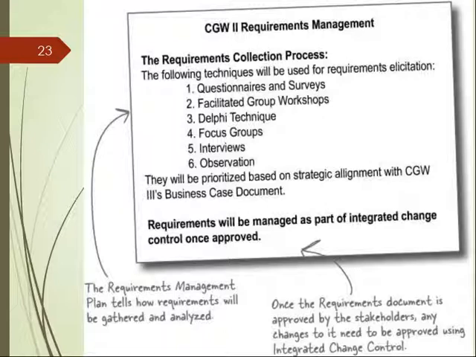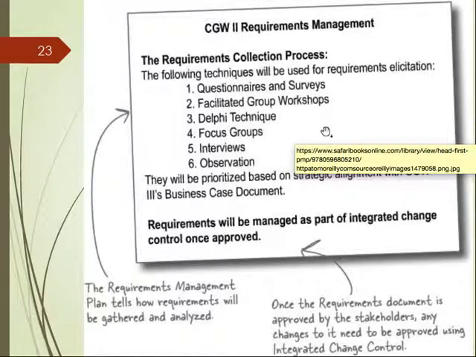The high priority ones agreed by most people will be the ones chosen for implementation. So that is the Delphi technique. It is for people to make an estimation or identify requirements independently, to make sure that it is really independent.